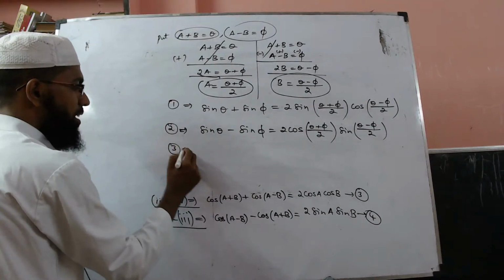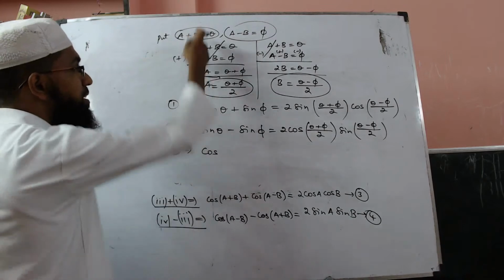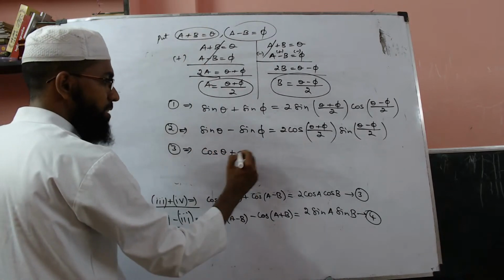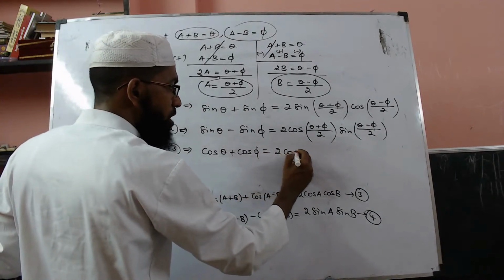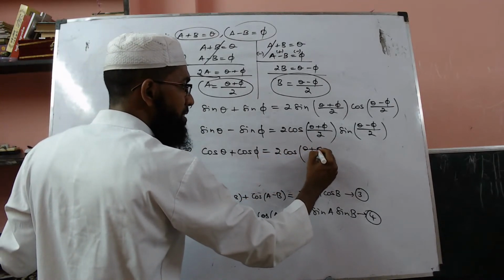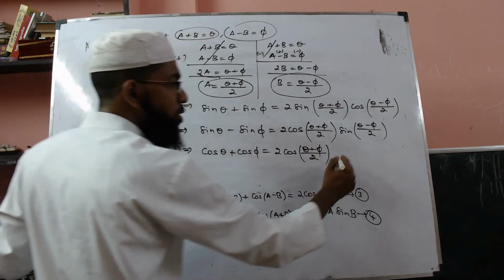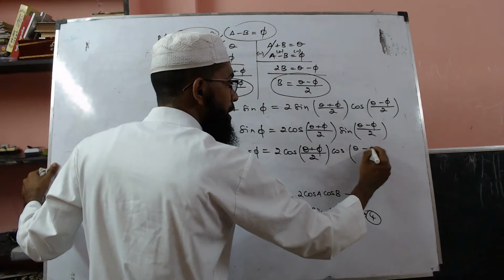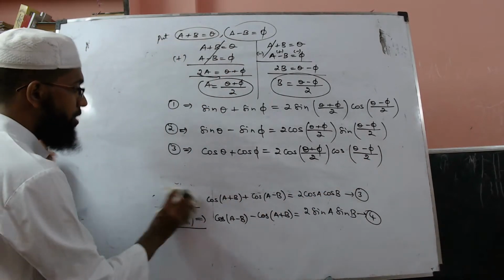So with the help of the third equation, cos of a plus b is nothing but cos theta plus cos phi equal to 2 cos of (theta plus phi)/2 cos of (theta minus phi)/2. Right. So this third formula is over.